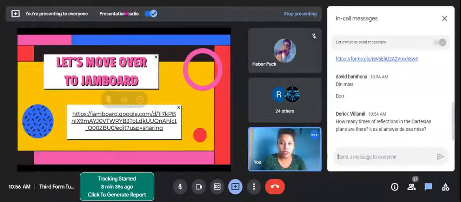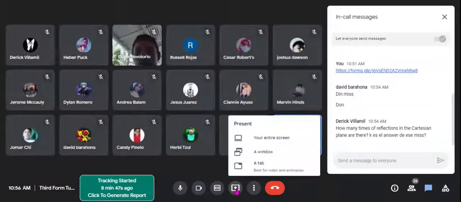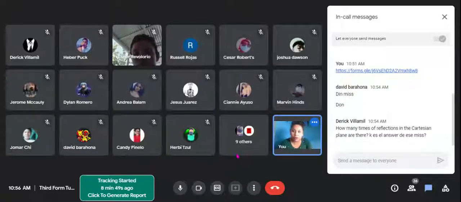No, you can't see it. Stop sharing. Share this tab to Google Meet. Share. Stop presenting. Tab. Okay, now can you see it?